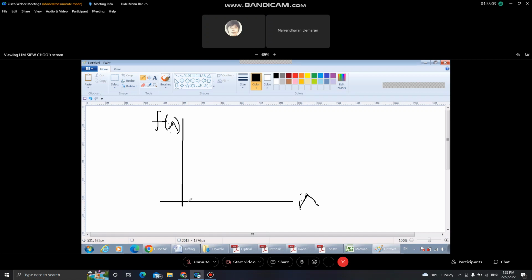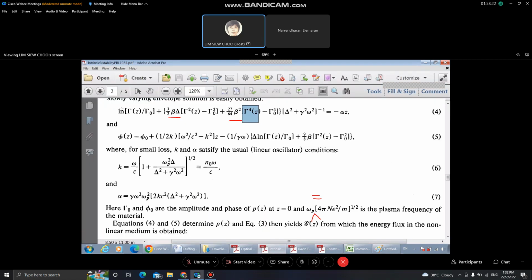Actually, I think you can plot the graph. You make your lambda a variable, then you plot the graph of this. I mean not the exponent one.